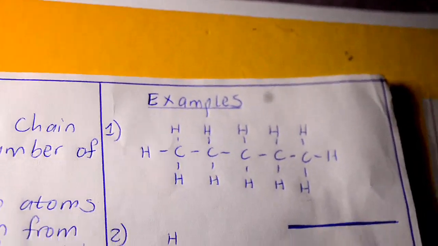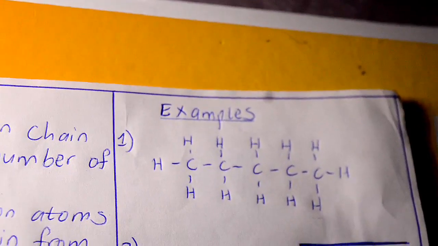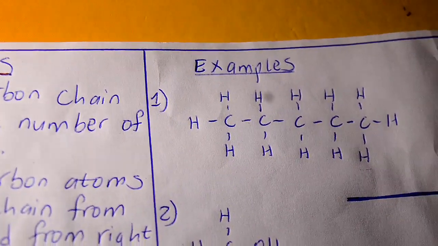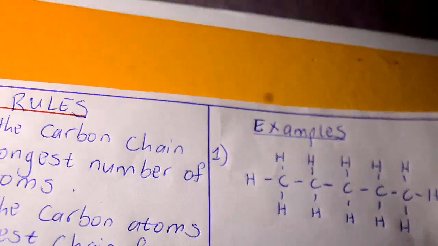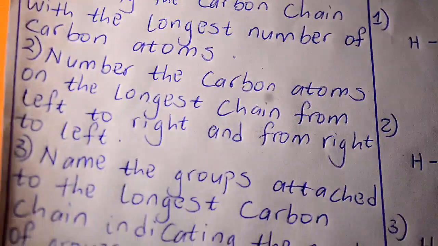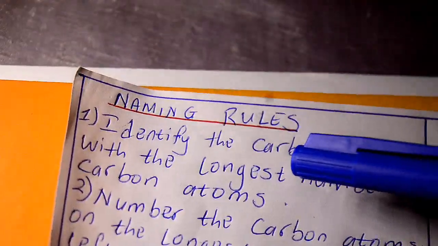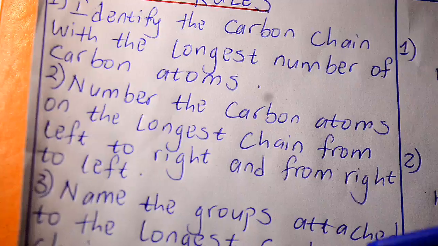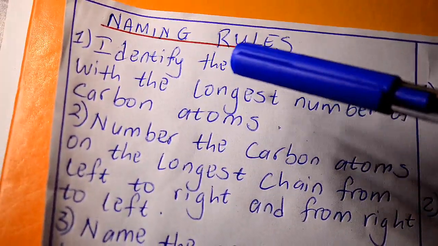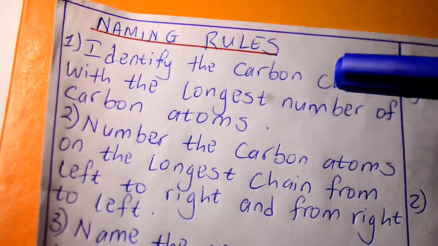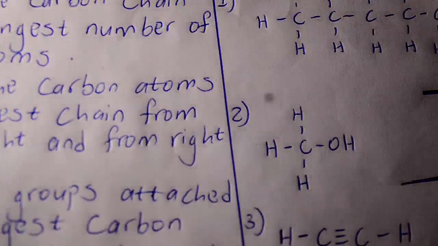Okay, now we are going to be looking at some examples on how to name simple organic compounds. And remember, we are going to apply all these rules we explained earlier. The first rule says identify the carbon chain with the longest number of carbon atoms.